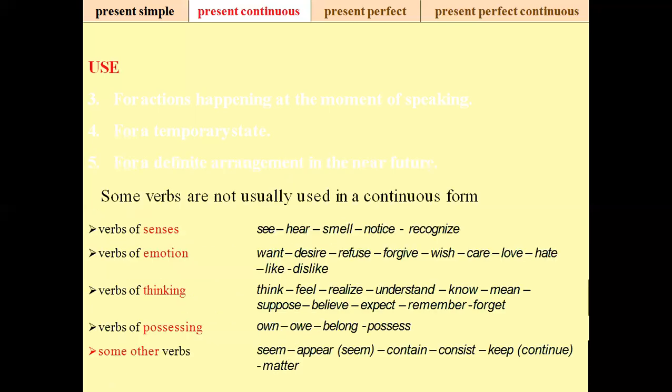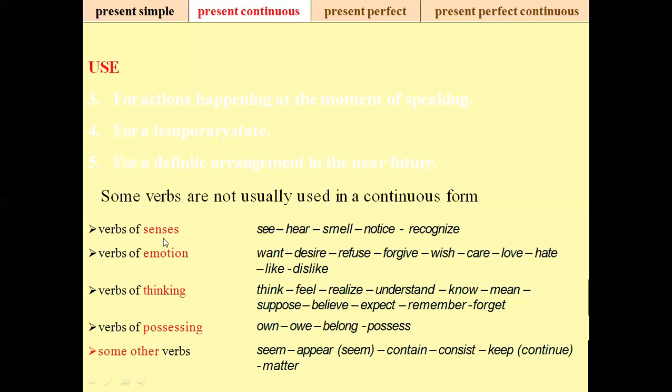As with the simple present tense, we are going to study some of the verbs which are not used in the present continuous tense. We have seen that some verbs are used in the simple present tense only, and now we will study which words are not used in the present continuous tense.